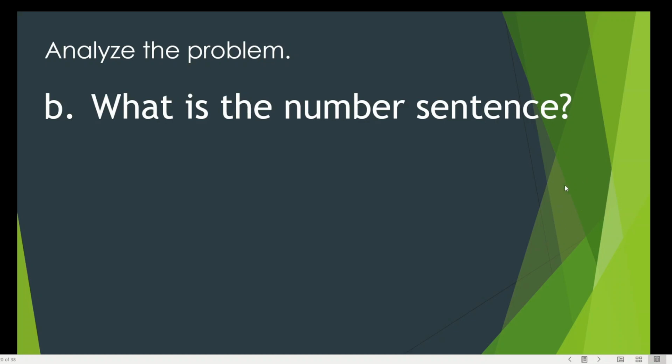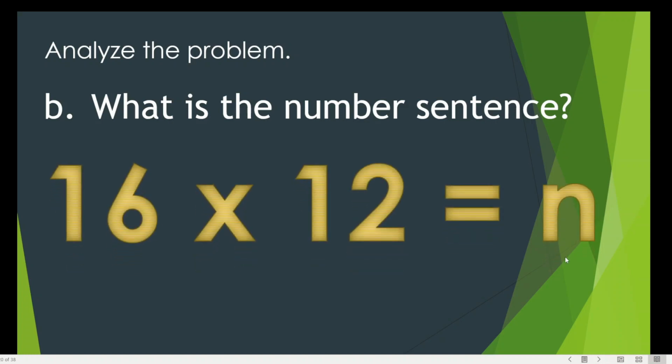So letter B, what is the number sentence? The number sentence based on the word problem is 16 times 12 equals n, in which 16 bags of fruits times 12 varieties of fruits equals n, the letter n representing the answer after the equals sign.